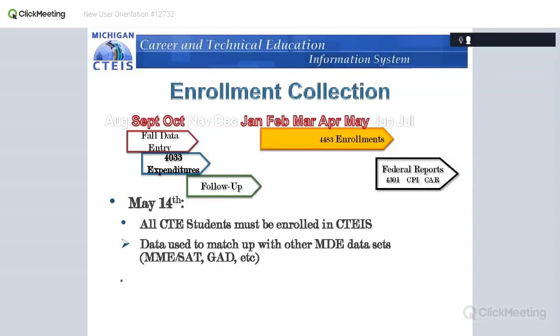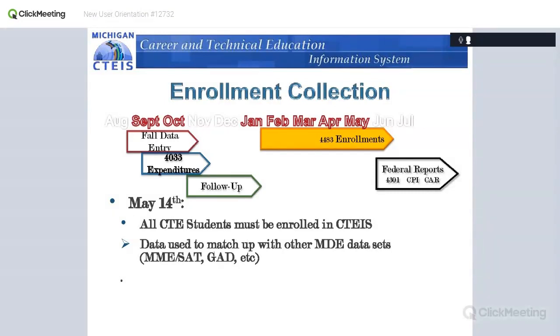This is important. We need to do a lot of our funding reports and all of our CPI reports. We have to get data from other state school systems, including MME/SAT for academic achievement. We also need to get data from the GAD file.